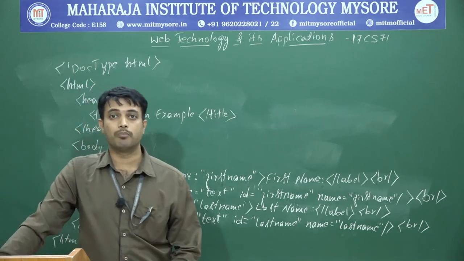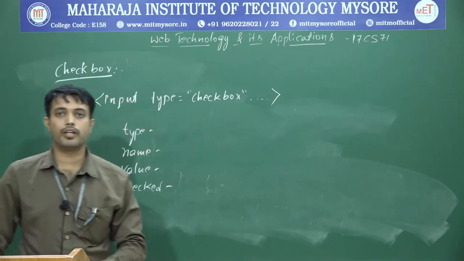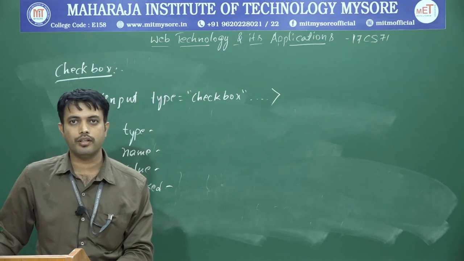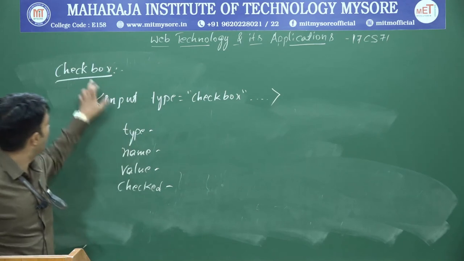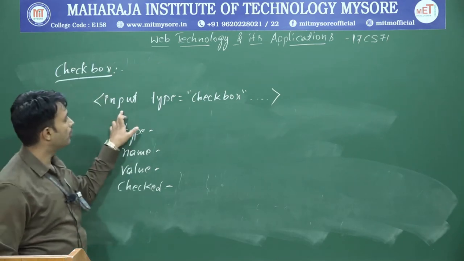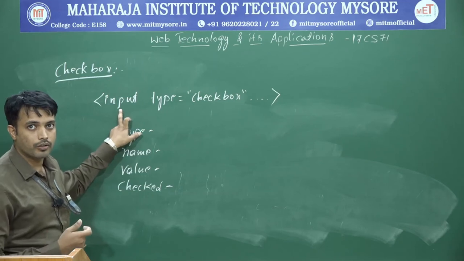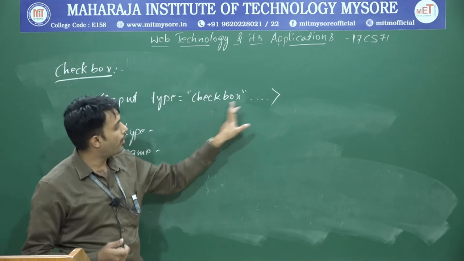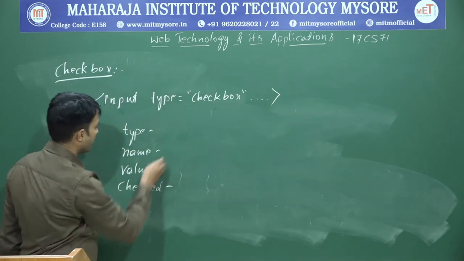Next, move on to checkbox. Checkbox is used when more than one option is to be selected. In order to select more than one option, we use checkbox. Here the syntax is the input tag, but with type equal to checkbox, followed by other attributes. Type is already mentioned here.